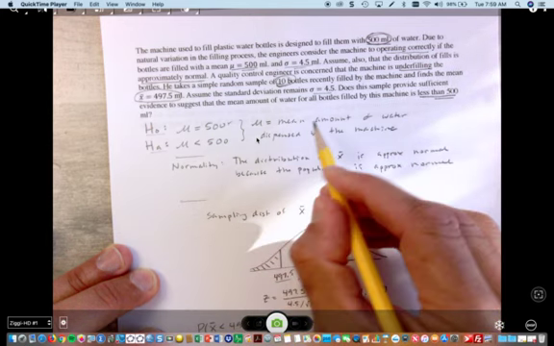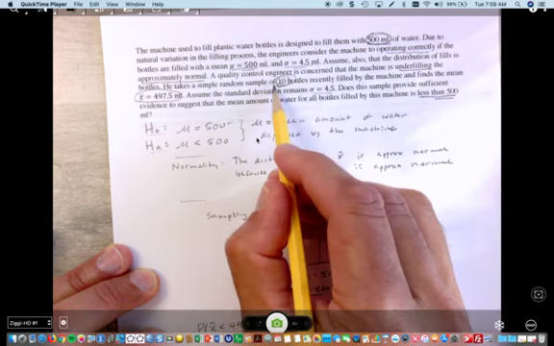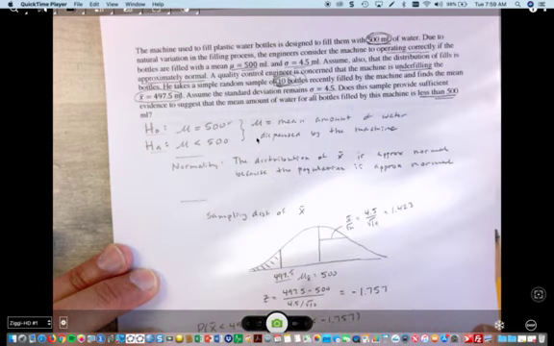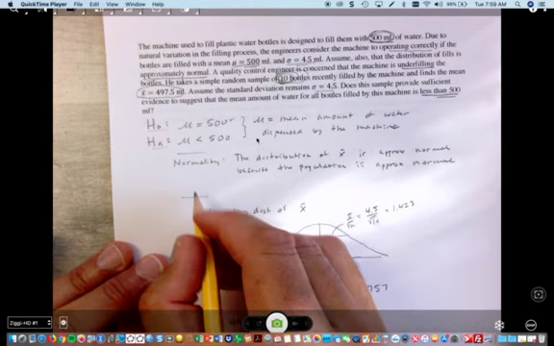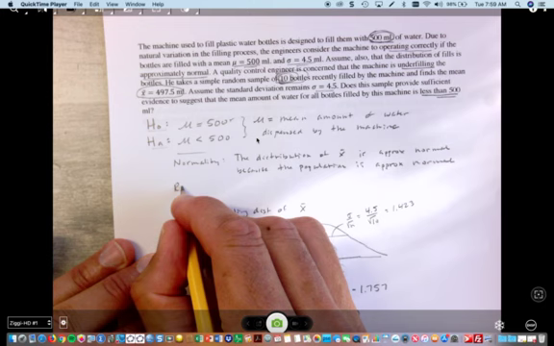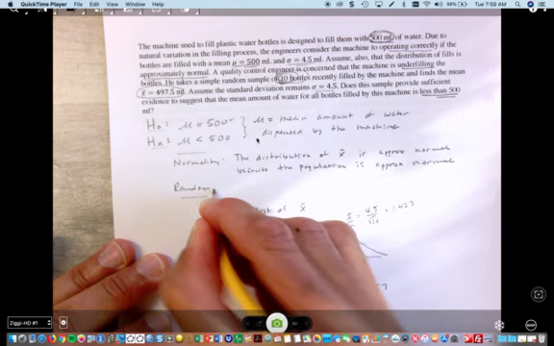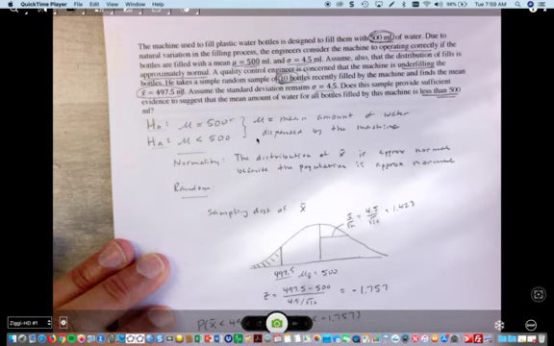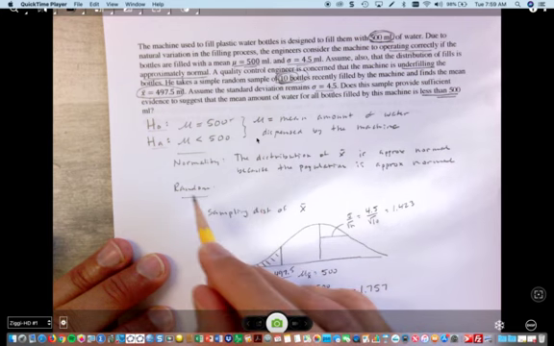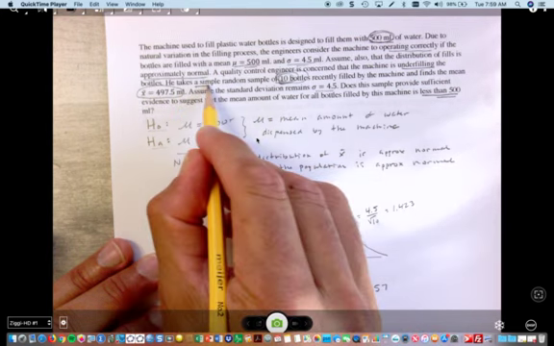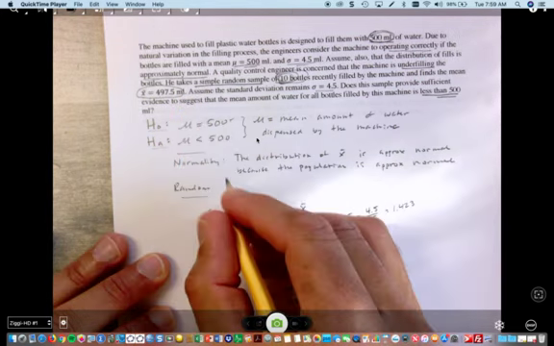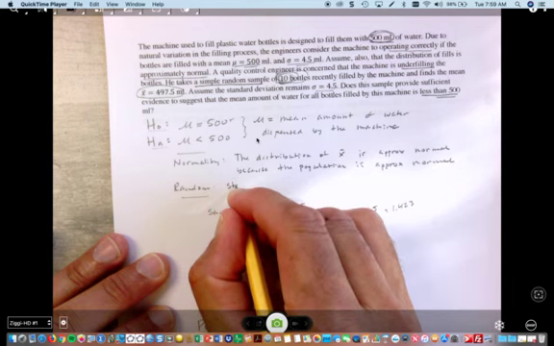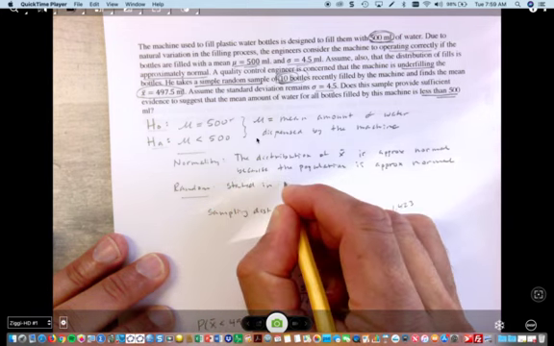If we weren't given that information, we would probably need a bigger sample size, 30 or more. The other condition is the random check. In this case, I need to make sure this was a random sample, and it says here he took a simple random sample of 10 bottles. So I'm just going to say stated in the stem.